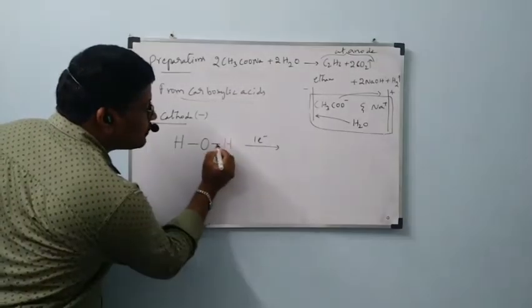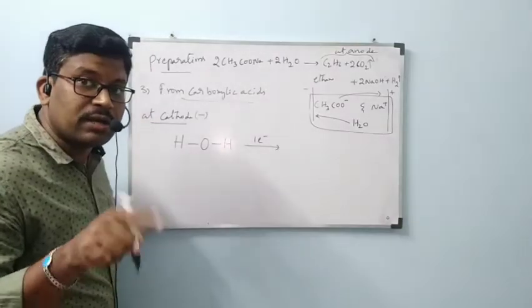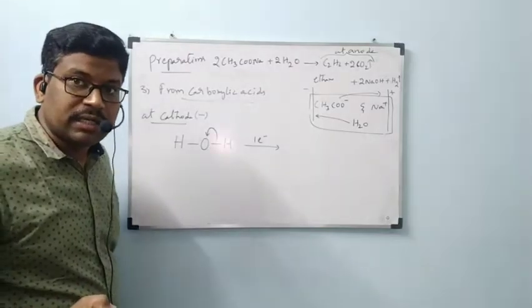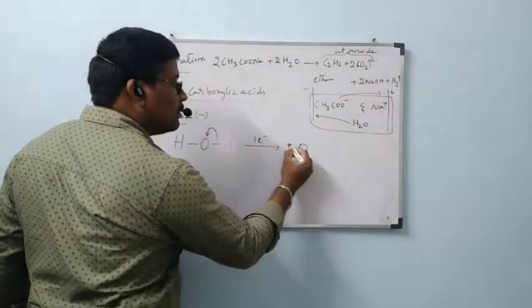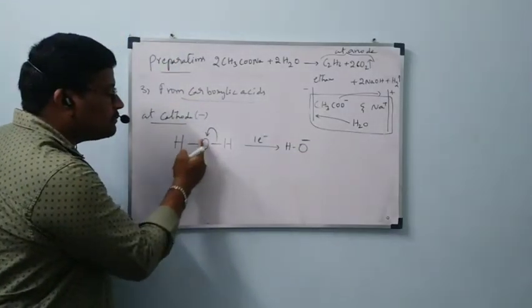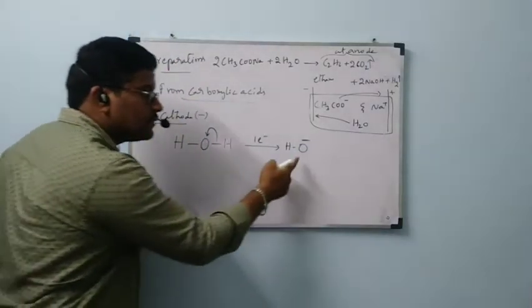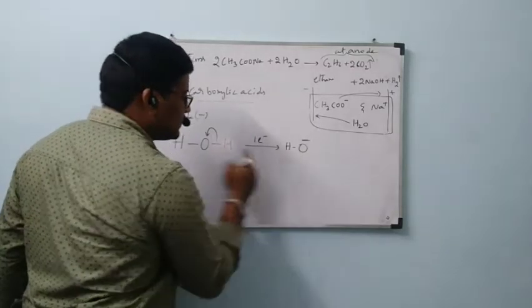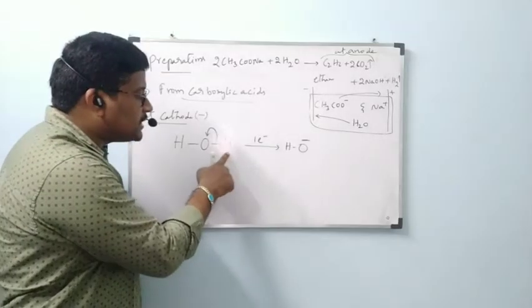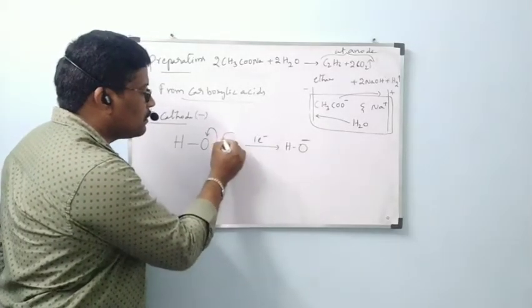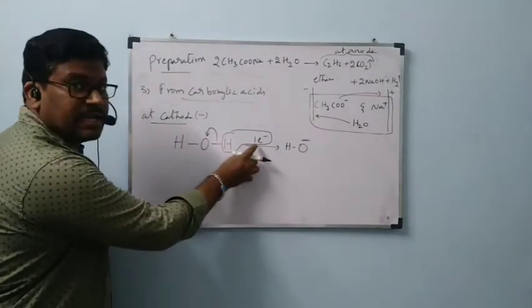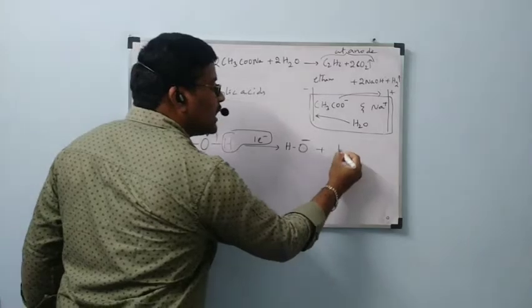The bond between O and H will undergo heterolytic cleavage. If it undergoes heterolytic cleavage, we will get OH minus, because the charge moves completely towards oxygen. That's why we get OH minus and H plus. That H plus will gain this electron to form an H free radical.